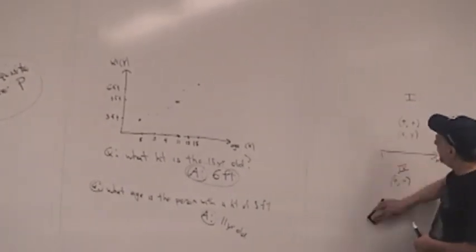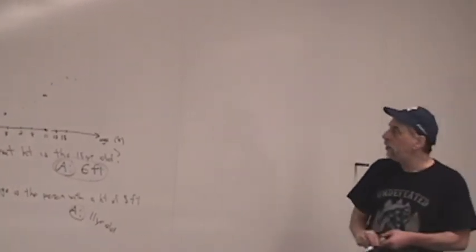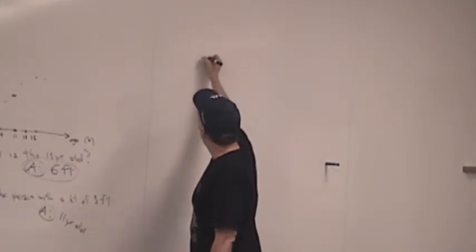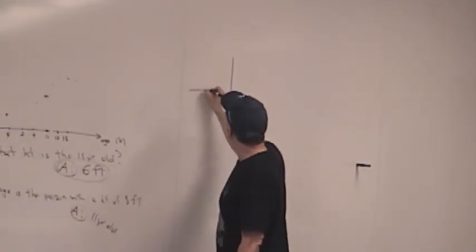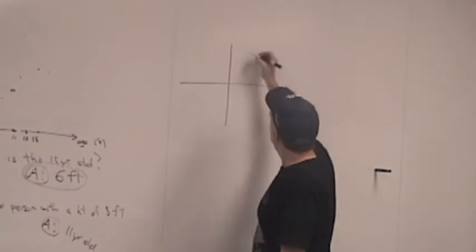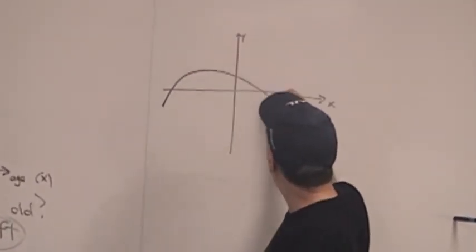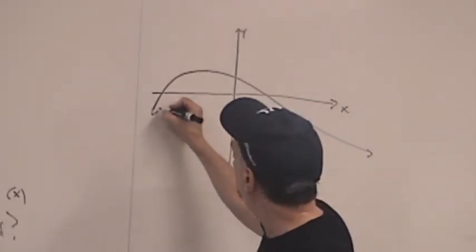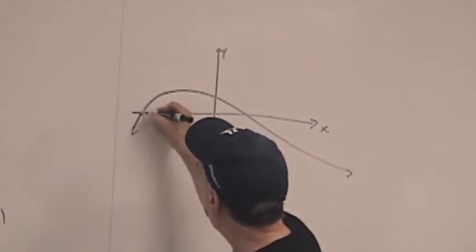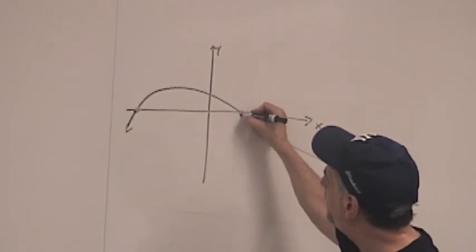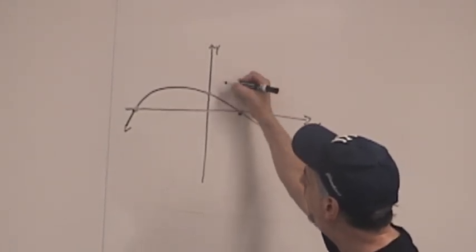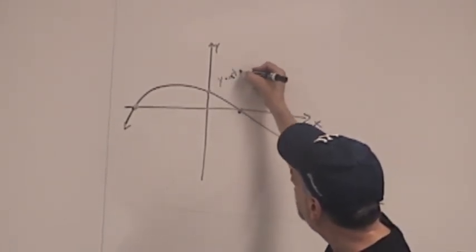And the last thing in this section are intercepts. Intercepts are just simply where the graph crosses the x or y axes. So this is pretty simple. If we have some sort of graph that looks like this, this would be an x-intercept, this would be an x-intercept, this would be a y-intercept.